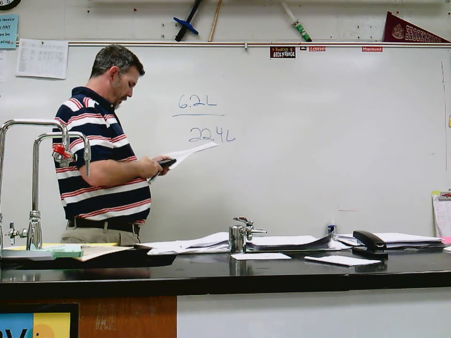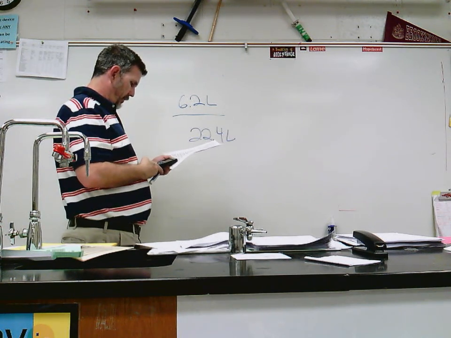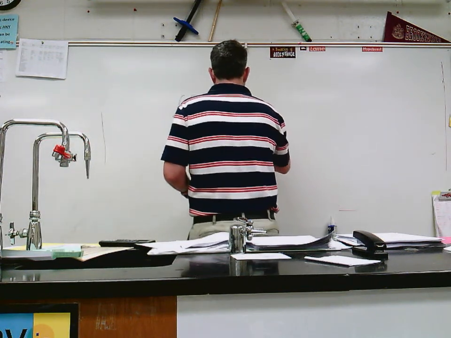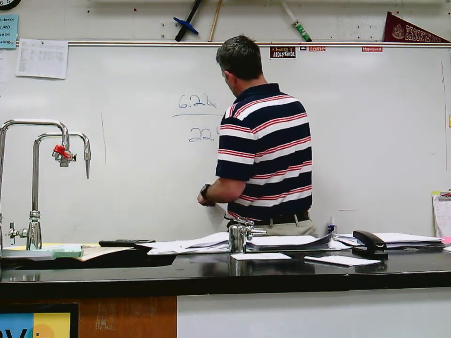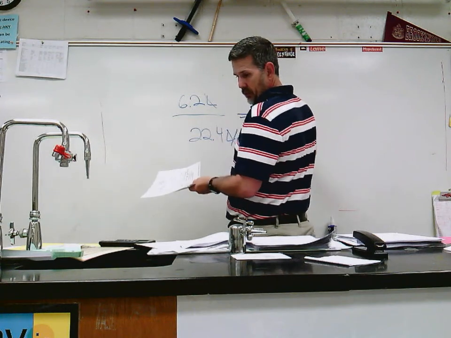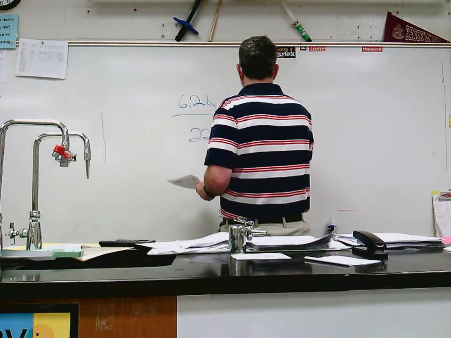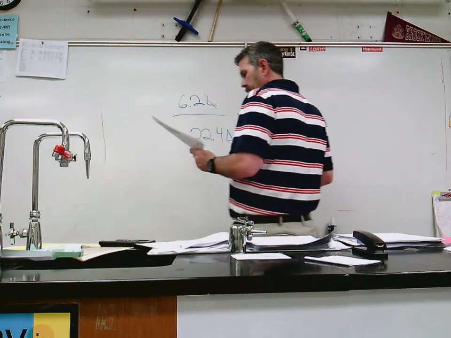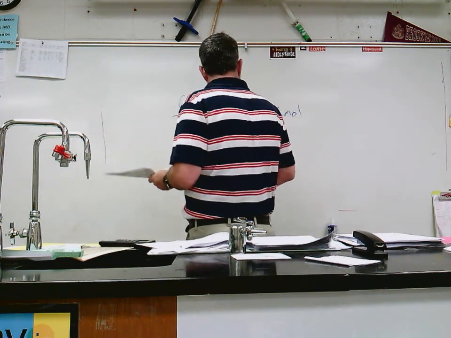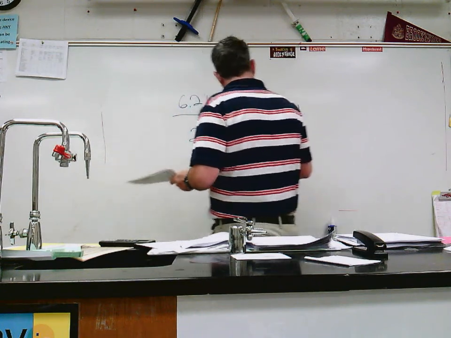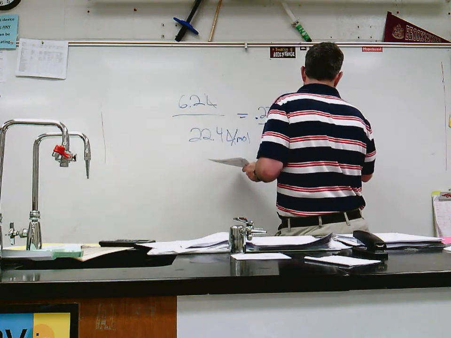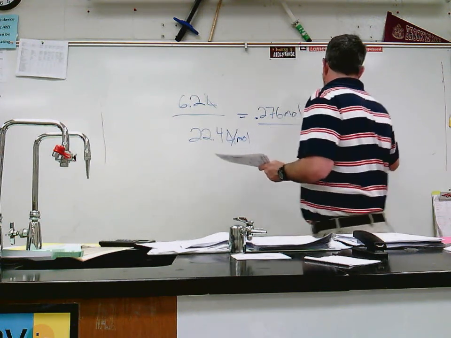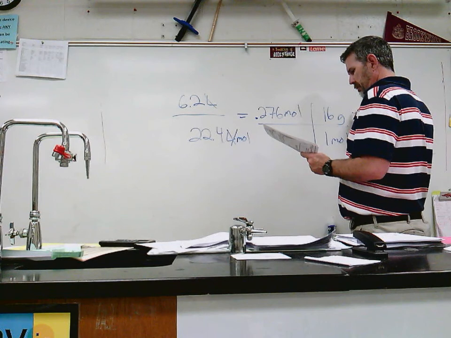6.2 divided by 22.4 equals 0.276. This is liters per mole. These cancel, so what I get is 0.276 moles. By now, you better be able to convert moles to grams. If you don't know, 1 mole, 16 grams of, what are we looking at here?